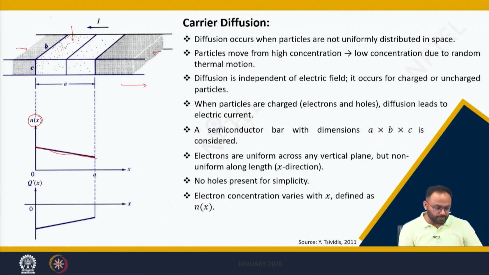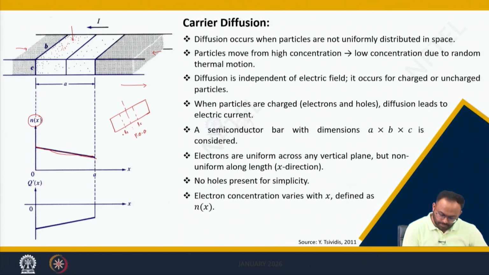To understand the diffusion part, let us consider the same example. This is the plane of observation and we have LC on each side. LC is the mean free path within which the electron will not collide before crossing the plane of observation.